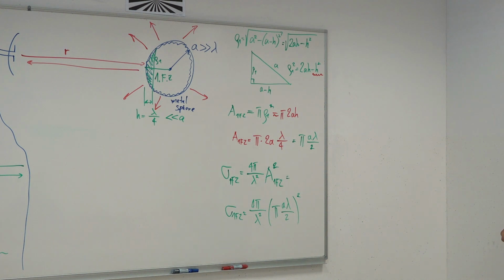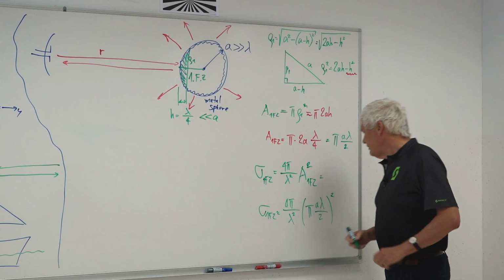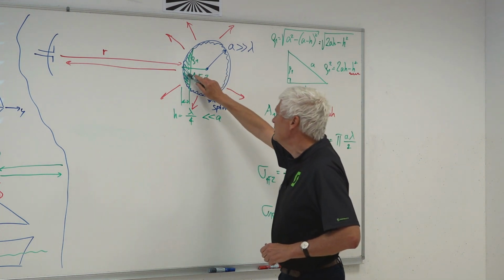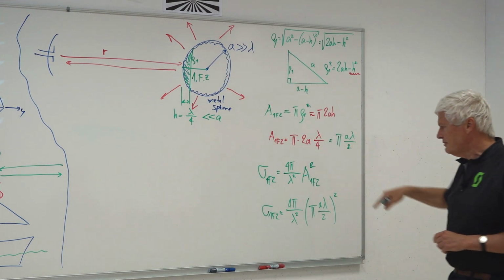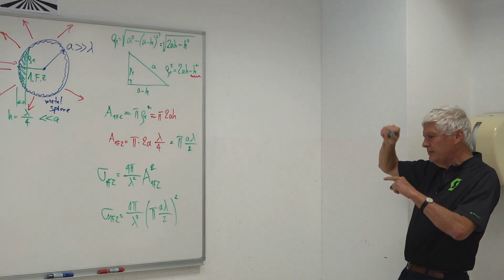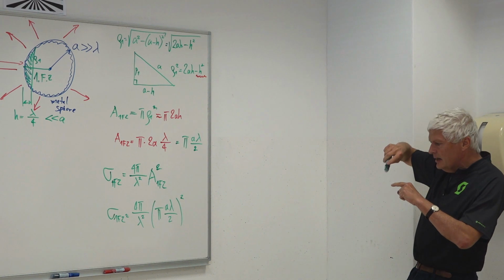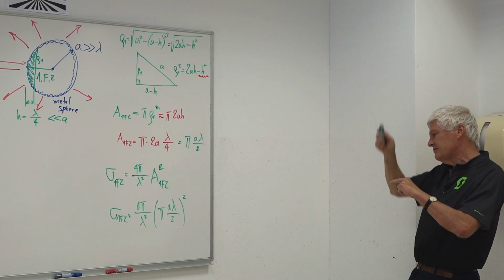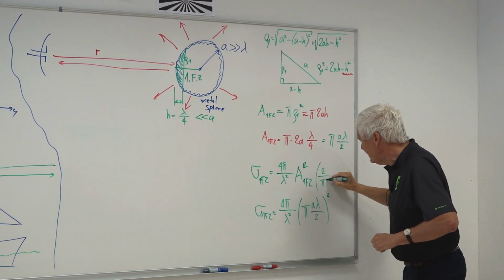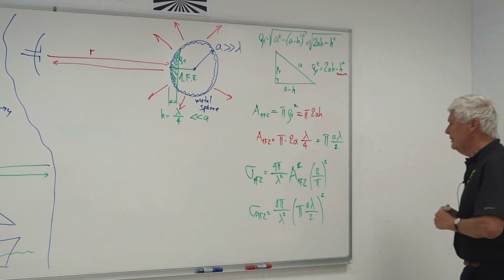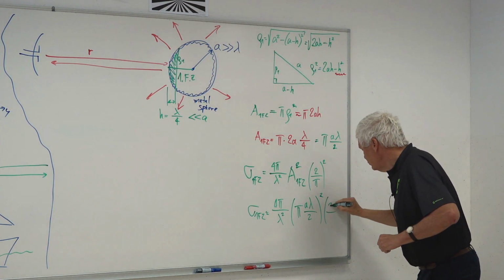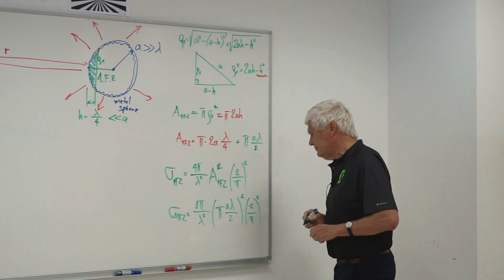I still miss something here. What I forgot is that this summation is over the first Fresnel zone, not over a flat mirror. So we have a sum going along a semicircle instead of going along a straight line. So here we still have this factor of 2 over pi, squared.